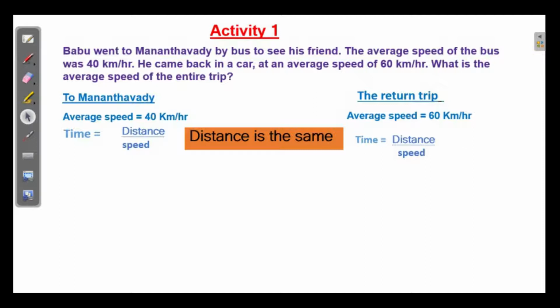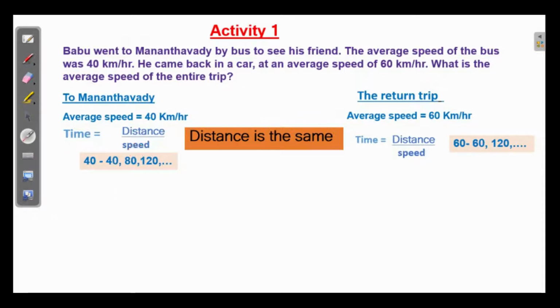We can take a convenient distance as 120 km. Why? The multiples of 40 are 40, 80, 120, etc. And the multiples of 60 are 60, 120, etc. The formula for finding the time is distance by speed.